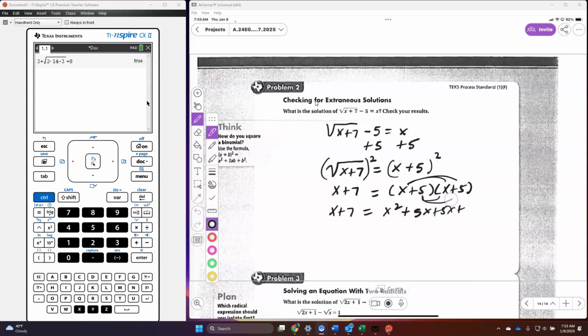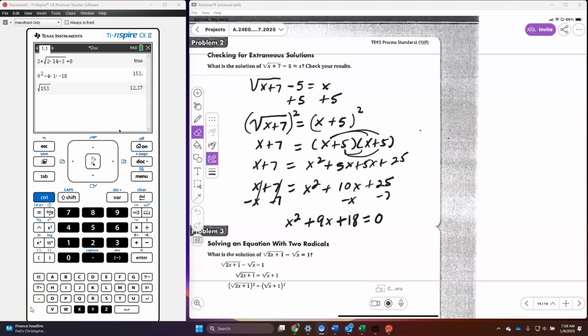And then 5 times 5 is 25. So it's x plus 7 equals x squared plus 10x plus 25. We're going to subtract x from the right side, and we subtract 7 from the right side. So we have x squared plus 9x plus 18 equals 0.